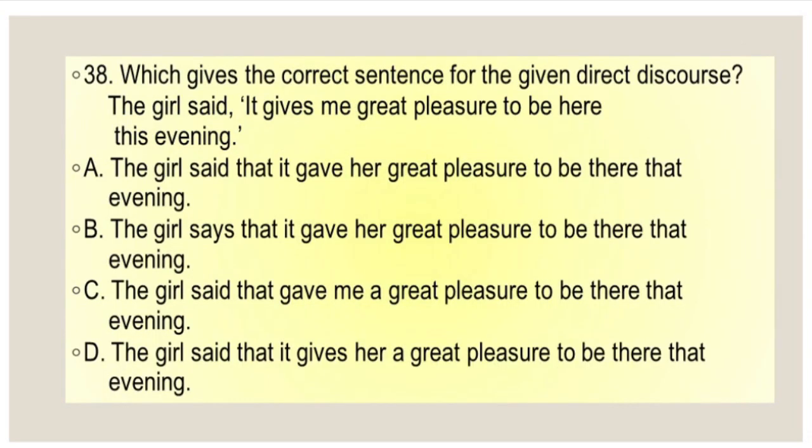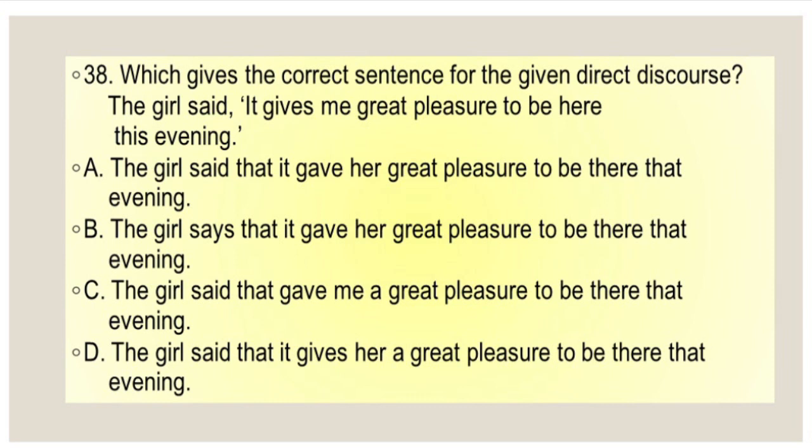Question 38. Which gives the correct sentence for the given direct discourse? The girl said, "It gives me great pleasure to be here this evening." So examine. The reporting verb is past. And then the quoted speech is not a universal truth or a general truth. So we are going to change the tense of the verb.